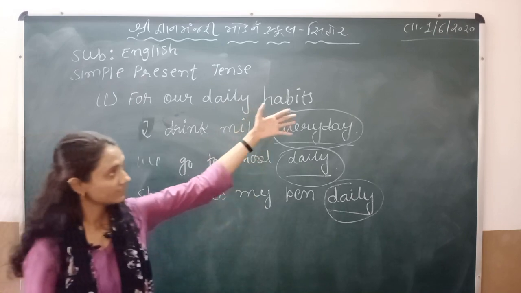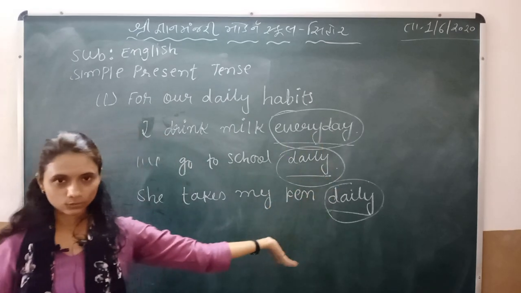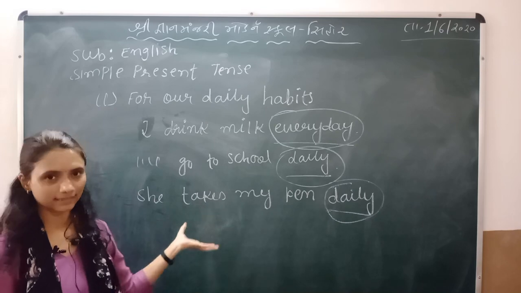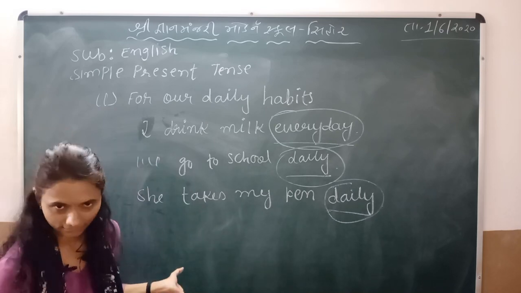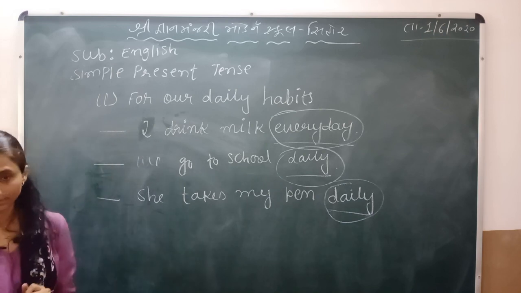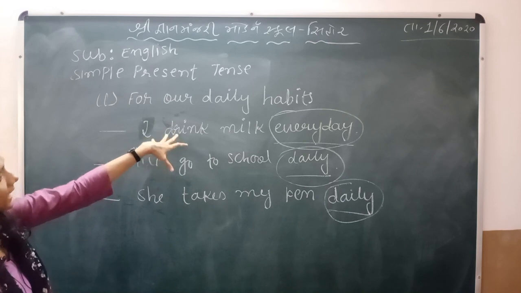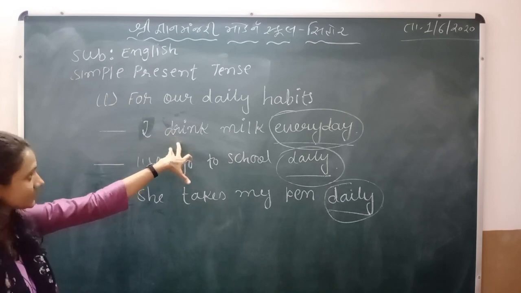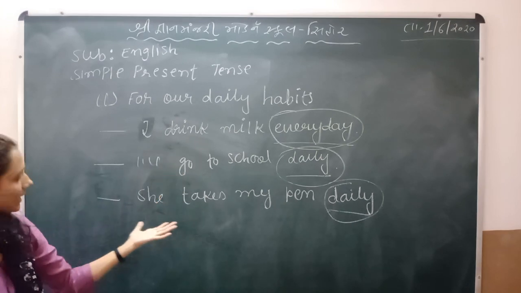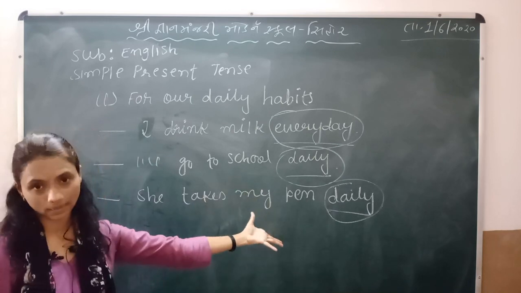If you find this kind of words, like every day, daily, regularly, generally, then that sentence is in simple present tense. In these three sentences, the habit of drinking milk is suggested, the habit of going to school is described, and here someone is using someone's pen as a daily habit.